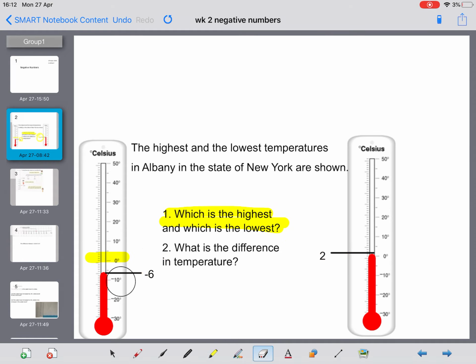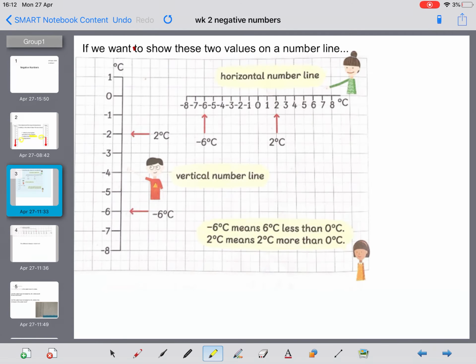And then the second question, what is the difference in temperature? So how much more is this one than this one? Now if we look at this horizontal number line here, it's a horizontal number line because this line follows the horizon. So if you're on the beach, the bit between the sky and the beach is the horizon.